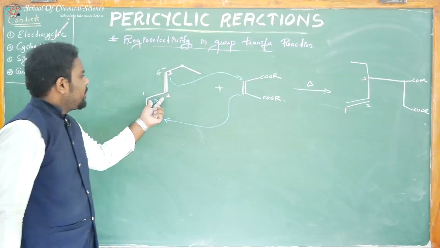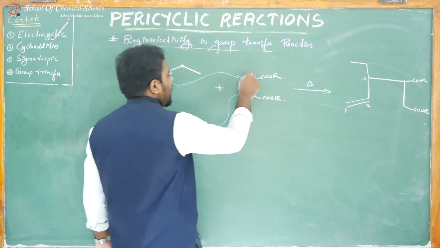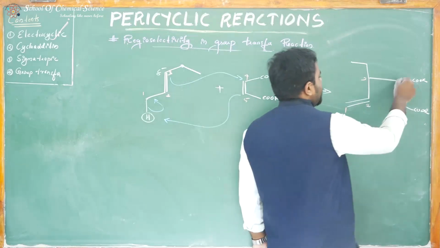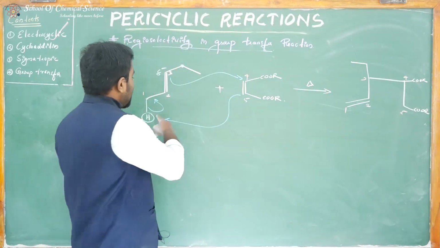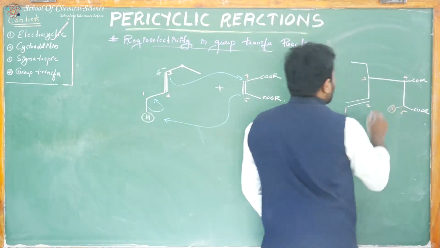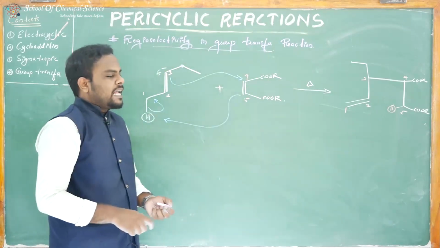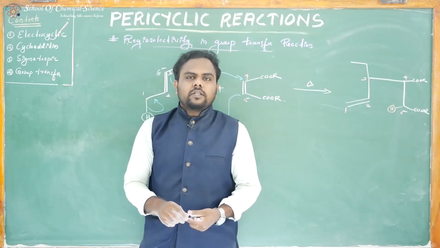Between 1 and 2 a pi bond, 3 containing an ethyl substituent is connected to 4 and 5. So that will be your final product, and the hydrogen is transferred to the fifth carbon. So that is about the regioselectivity of the ene reaction.